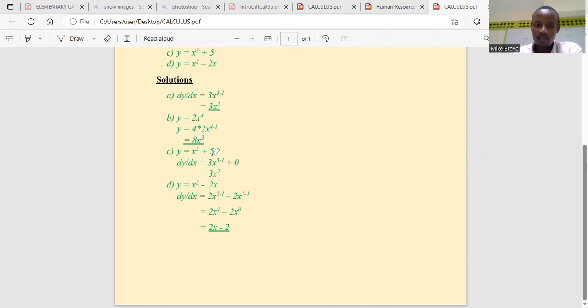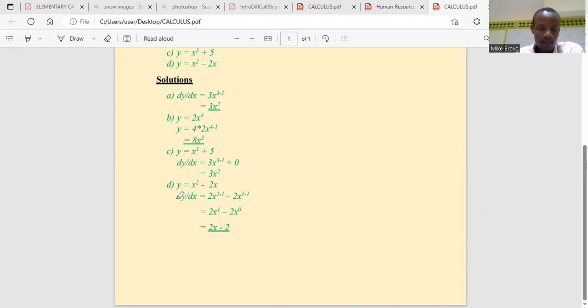Now this 5 is a constant. When you differentiate any constant with respect to x, it can be 1, 2, 3, 4, 5, and so on, the answer is always 0. So this one is 0 here. Then finally, we are going to have 3x power 3 minus 1, which is 2. So 3x power 2. Then this side we don't write anything because that is 0.